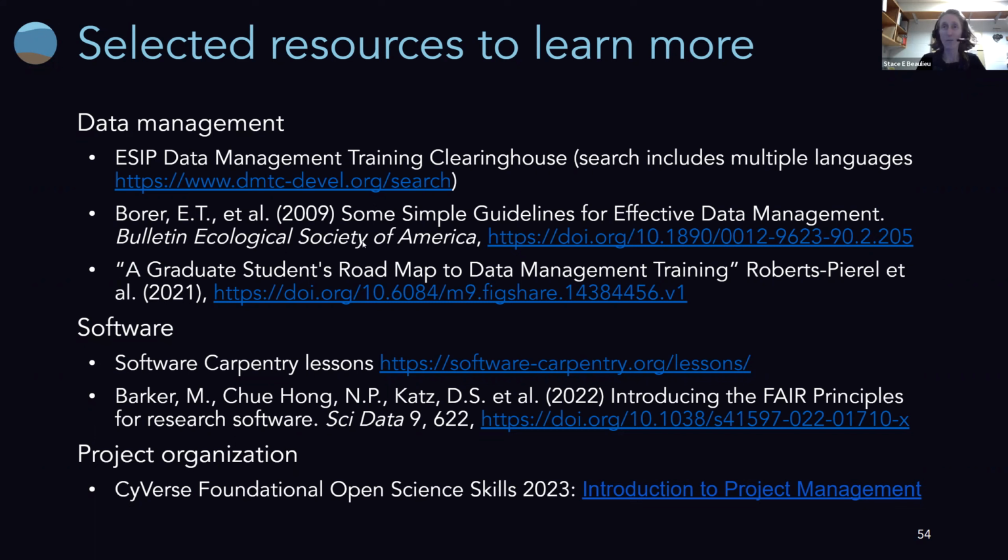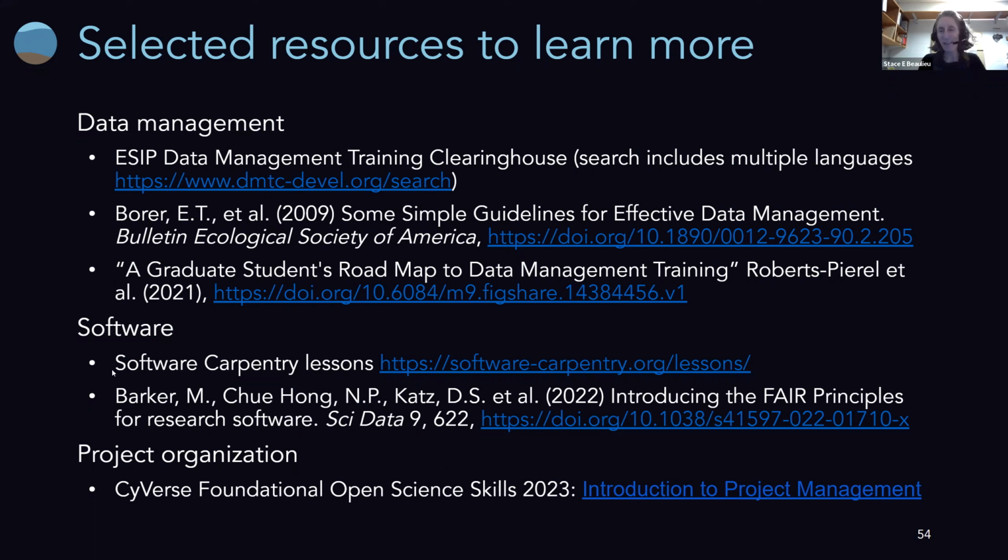It's a helpful article, Simple Guidelines for Effective Data Management. And the last item under data management is helpful for many of our early career researchers in graduate school. This is another ESIP resource created by ESIP fellows, and it's kind of like what I wished I learned in grad school with regard to data management.